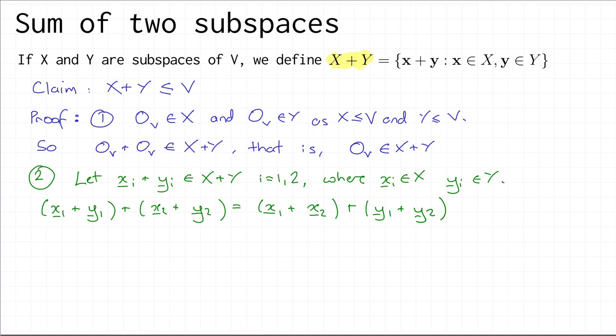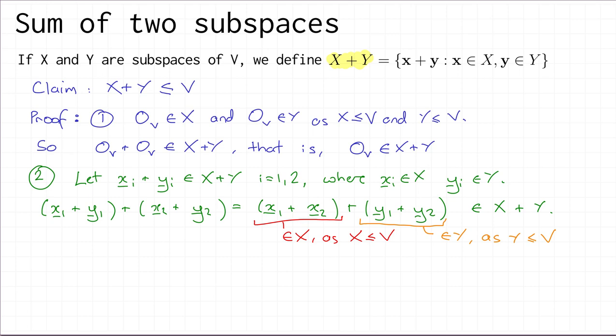Now, if you look at this part here, this is an element of X, as X is closed under addition. It's a subspace, so it's got to be closed under addition. Similarly, this part here is an element of Y, because Y is a subspace of V, and therefore Y is closed under addition. So this is something in X plus something in Y, therefore it's in X plus Y.